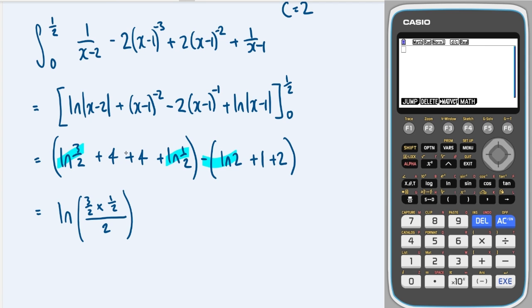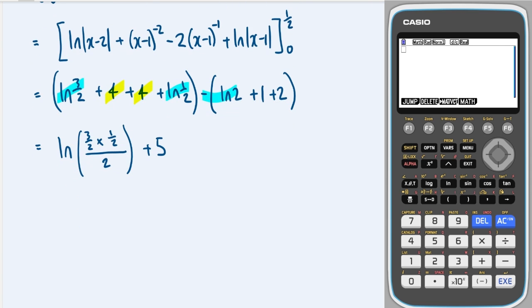And in terms of our number terms, we've got 4, 4 makes 8, and then minus 1, or just minus 3, so that's just 5. Okay, and what is this ln? This is 2 and 2 on bottom and another 2, so that's 8, so it's 3 over 8 and then plus 5. Beautiful.